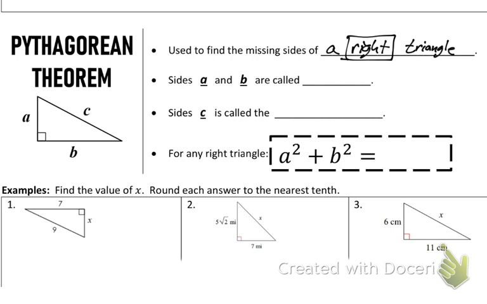A and B are oftentimes called the legs, but you'll hear me more predominantly call it the sides. Side A and side B. And the reason why I can call it just the side is because C is a very specific side. It's got a specific name. Does anyone remember the name for that side that's opposite your 90-degree angle? It's the longest one. It is the hypotenuse.